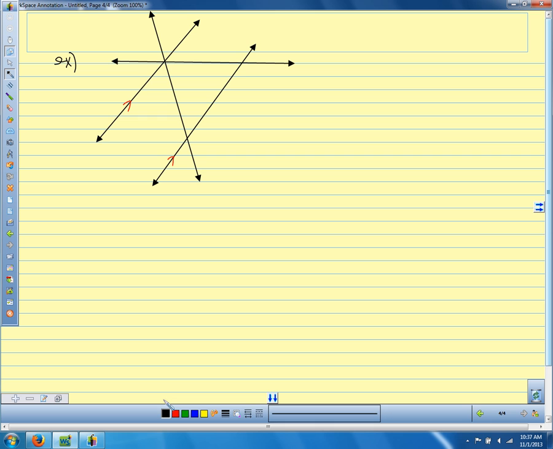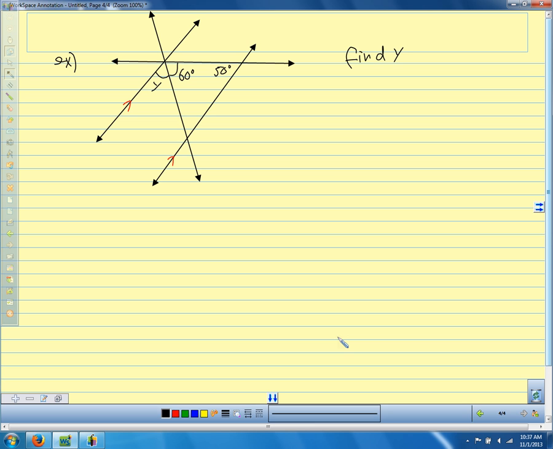And I'm going to say that this angle is 50 degrees, and this angle is 60 degrees, and this angle is y. And we want to find y.